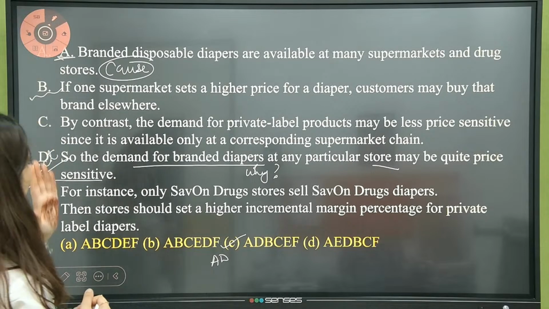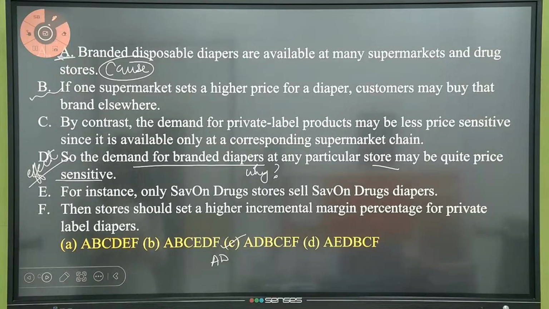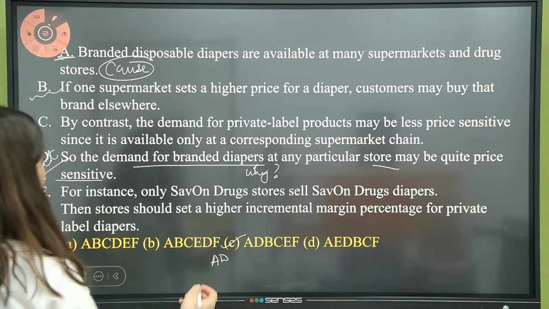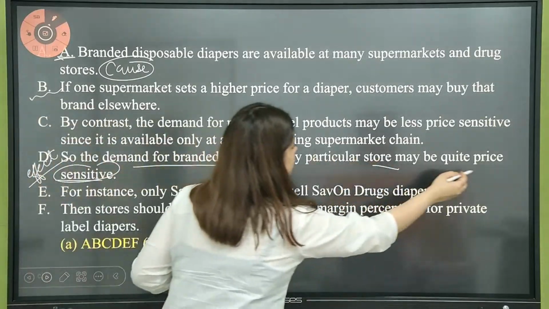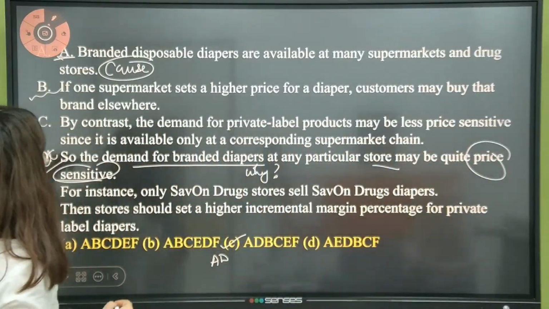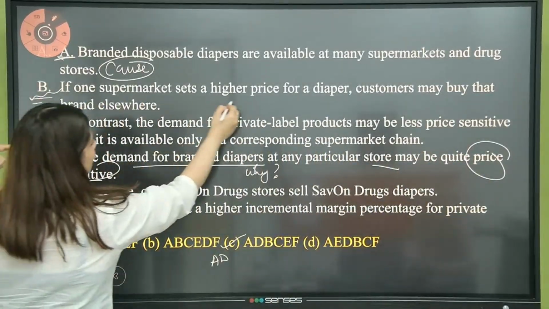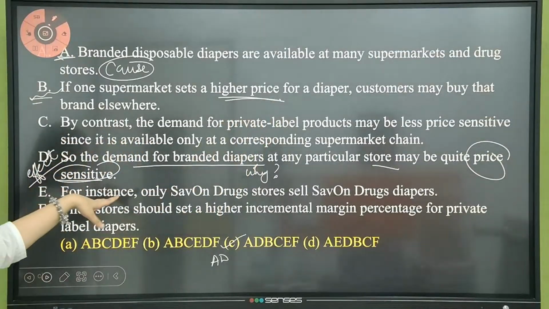So branded disposable diapers are available at many supermarkets and drugstores. So the demand for branded diapers at any particular store may be quite price sensitive. If one supermarket sets a higher price, this statement talks about price sensitivity and B elaborates upon that topic.